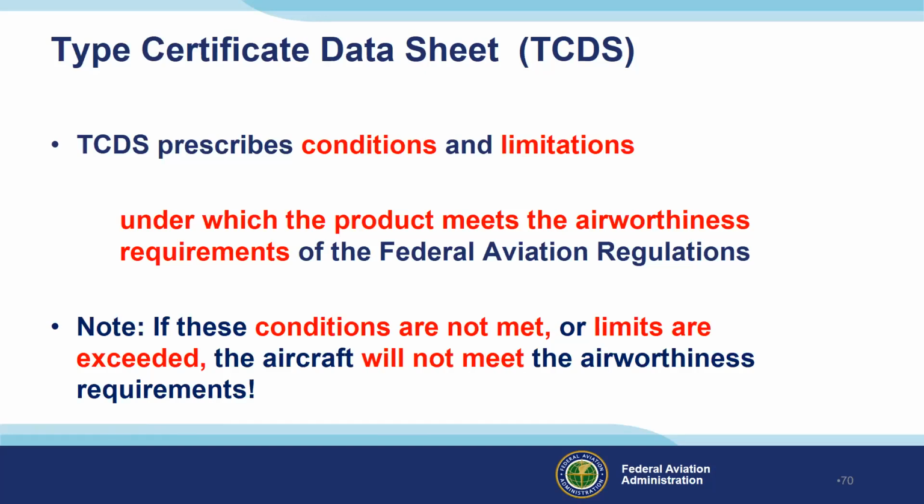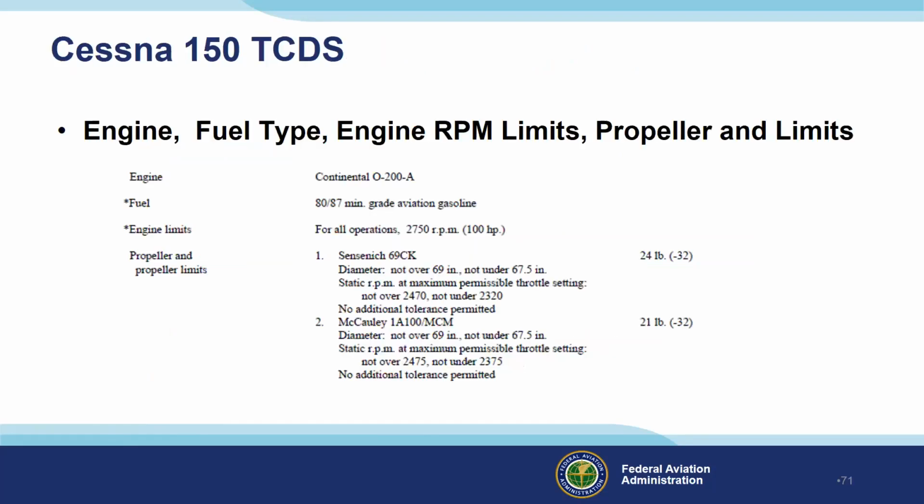So going back to our Cessna 150 type certificate data sheet, notice it tells what engine is installed, the fuel, the engine limits, the propeller size.